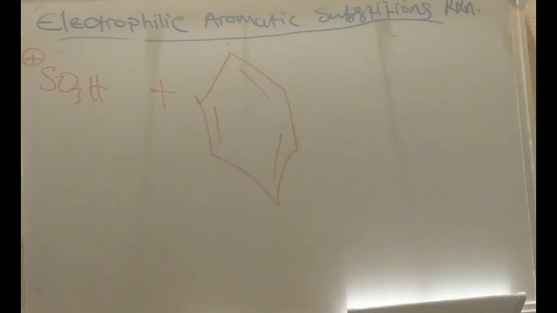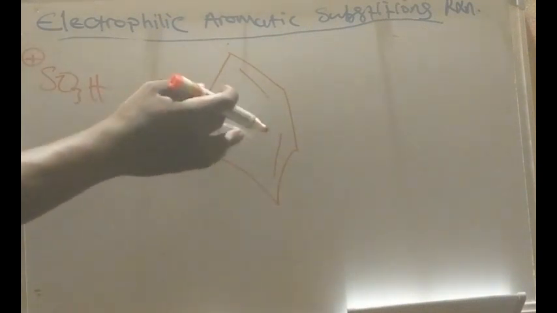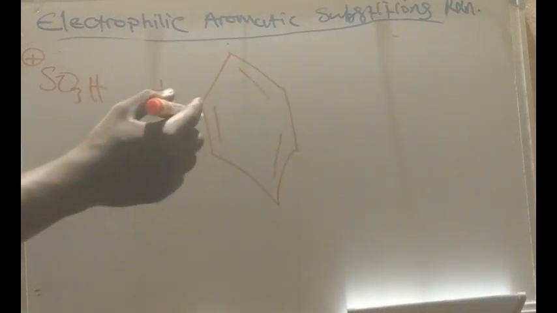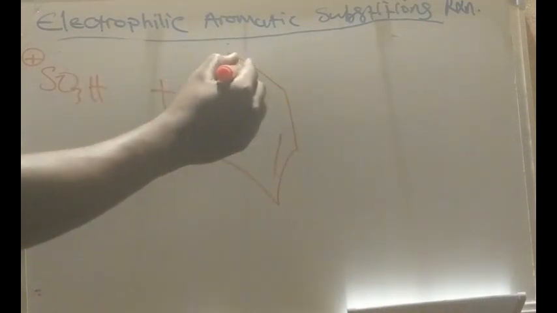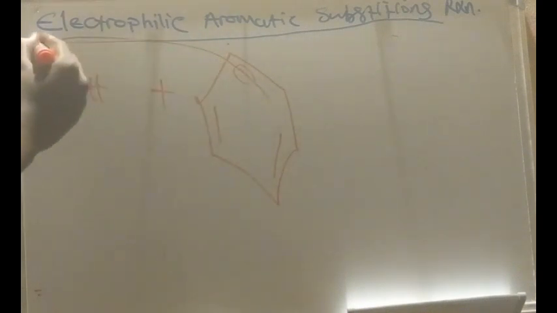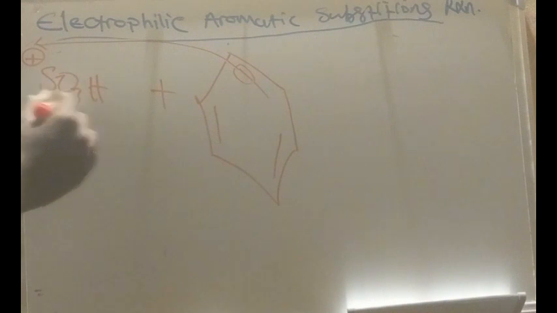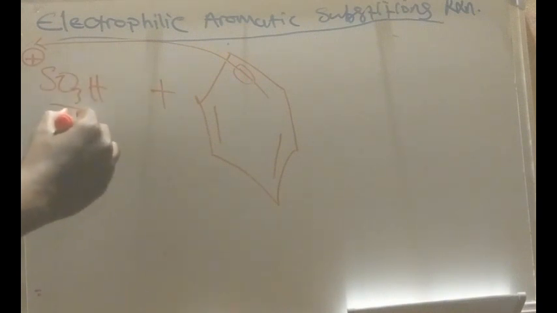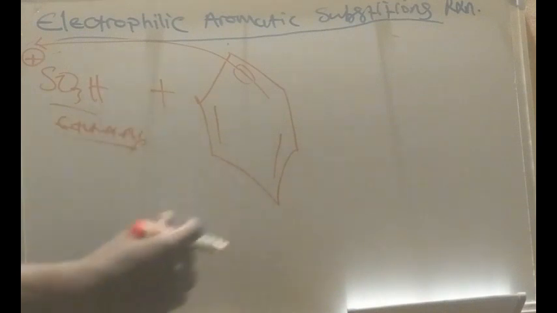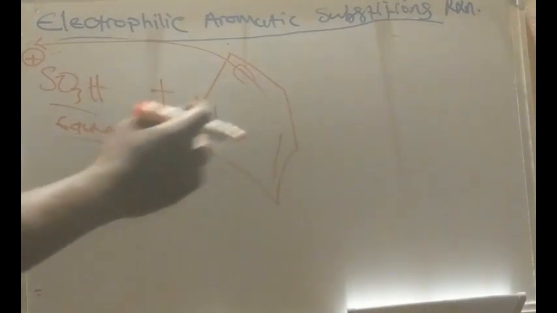So this relatively positive charge and this highly nucleophilic benzene ring will have an affinity. So one of these pi bonds is able to stabilize the positive charge on this electrophile. So this electrophile will be attracted to one of the pi bonds of the aromatic ring.